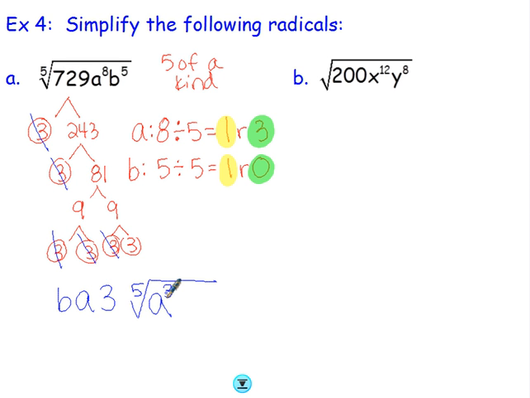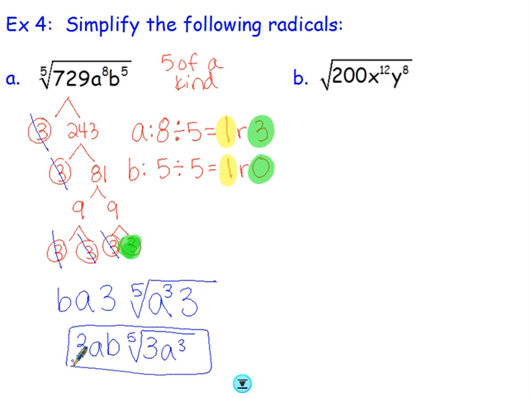And I was jumping ahead of myself. There is this little leftover 3 here that I totally forgot about that also goes inside. So the final answer is 3AB times the 5th root of 3A to the 3rd.